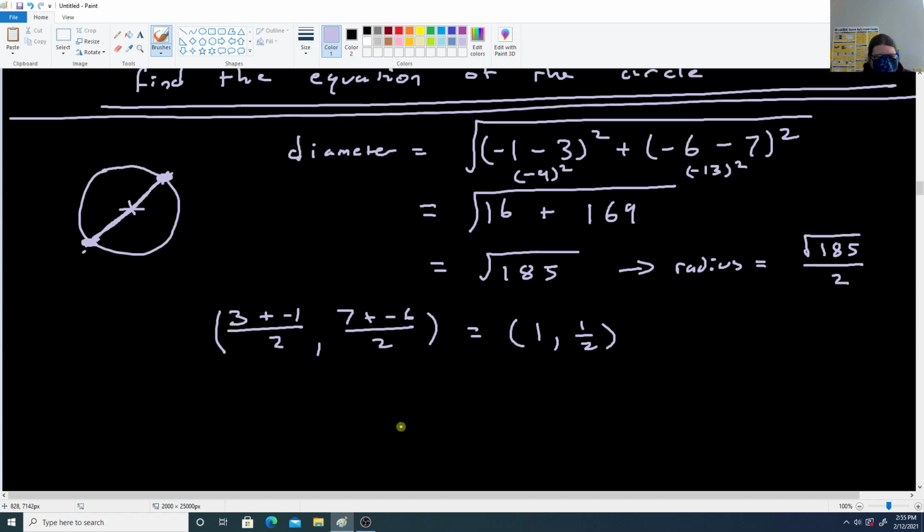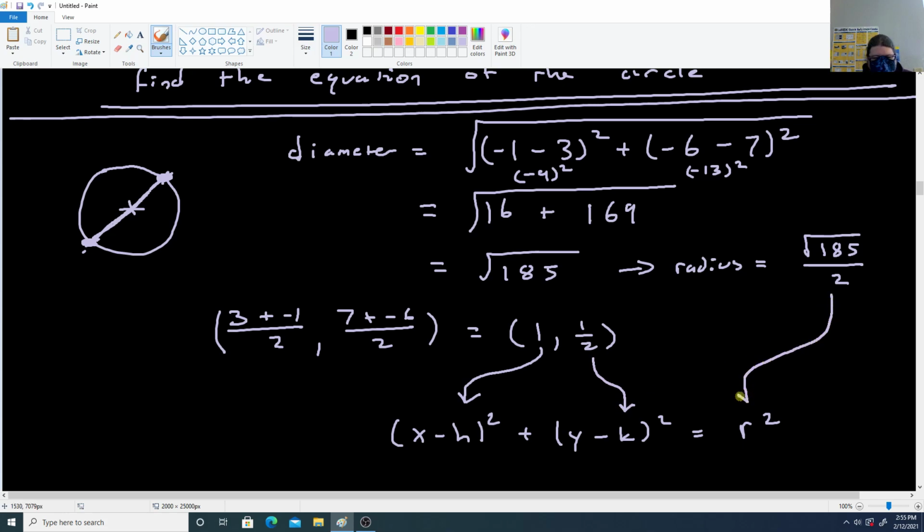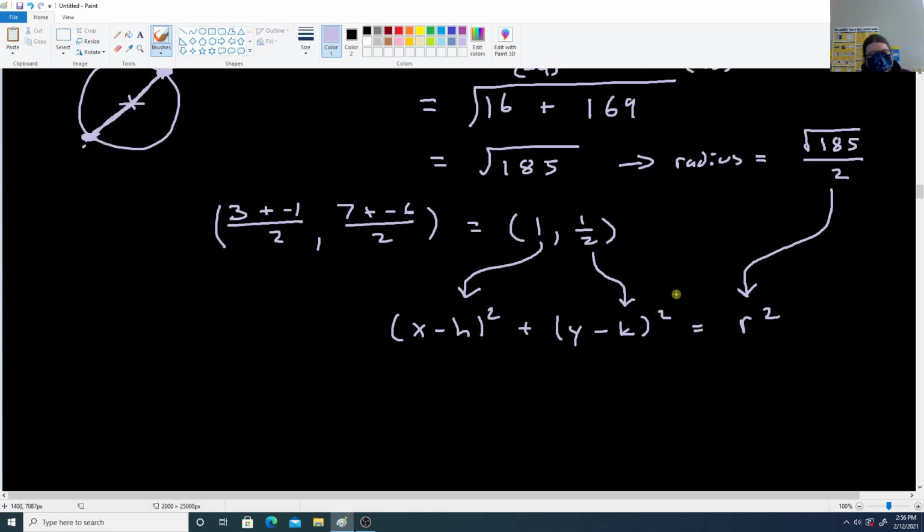So in our equation, x minus h squared plus y minus k squared equals r squared, 1 plugs in for h, 1/2 plugs in for k, and square root of 185 over 2 plugs in for r. So when we do this, we get x minus 1 squared plus y minus 1/2 squared equals, okay, we're going to square the top and the bottom.